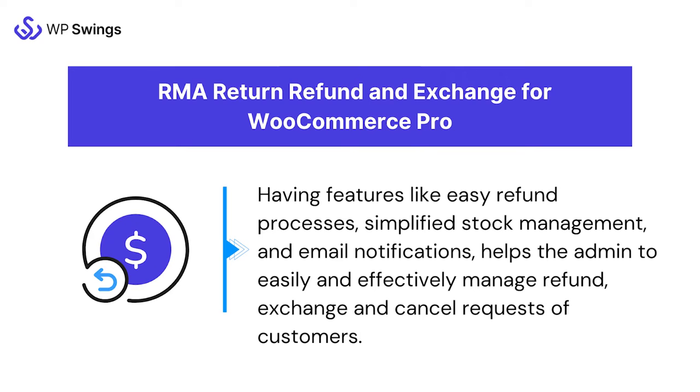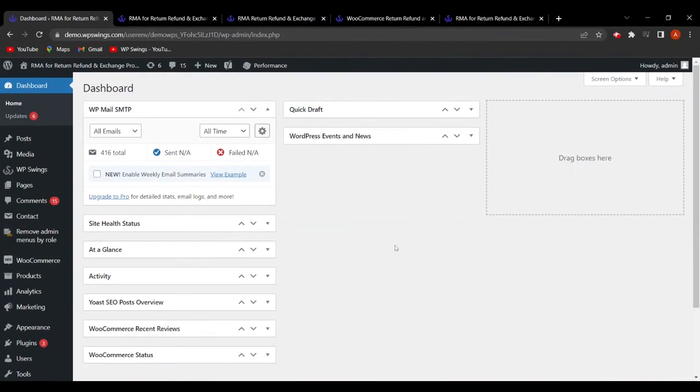So now let's start with the setup and installation part. We are on the WordPress dashboard. Before starting with the setup part, let me show you how we can easily install the plugin. For installing the plugin, you have to hover on Plugins and click on Add New.